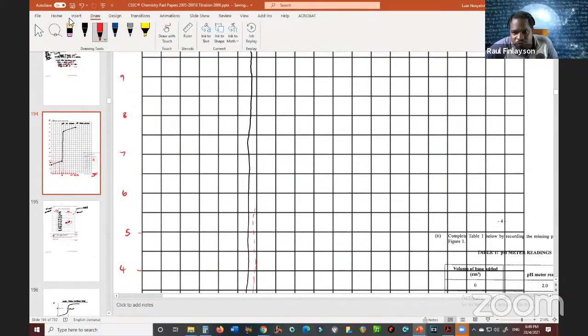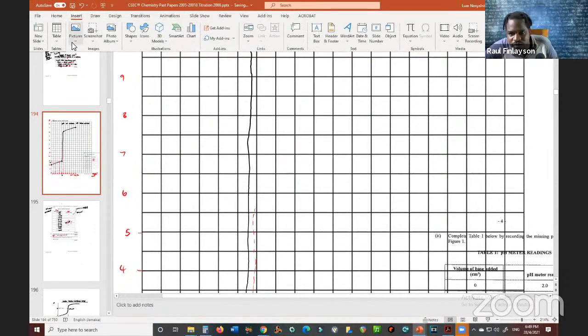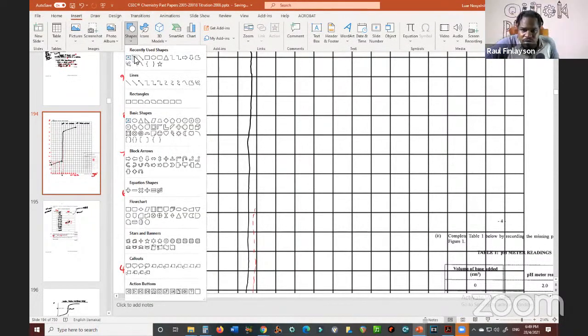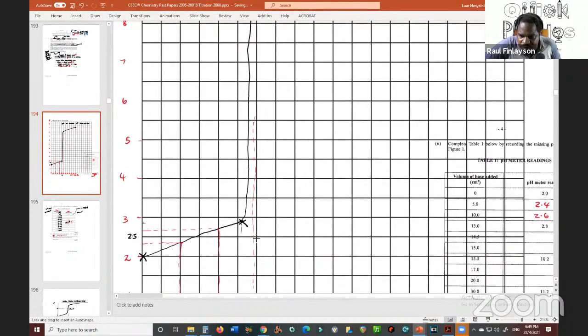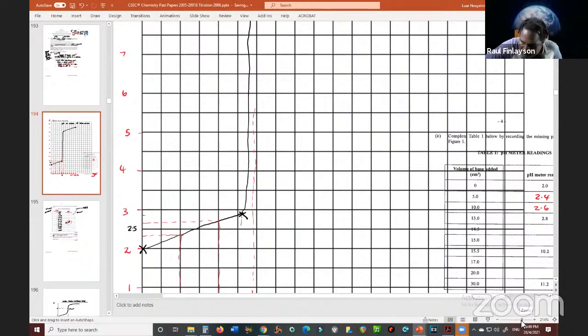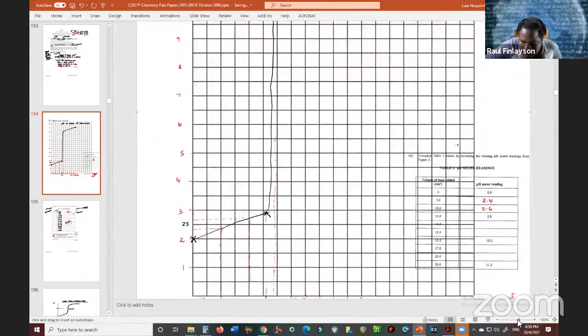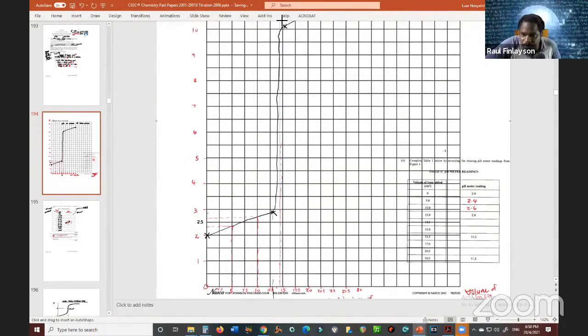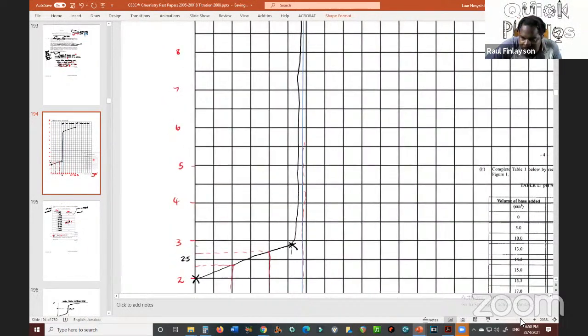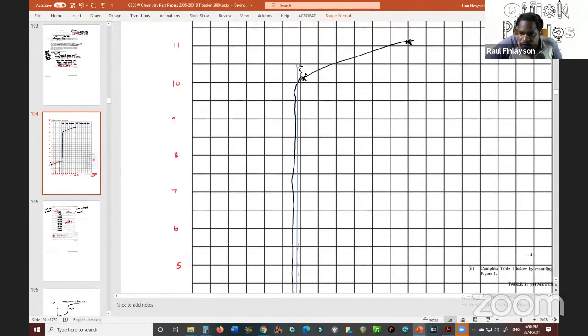I'll just get a line here. And that line will carry us from here. Let me just zoom out a bit. We have to use up the technology and line. So it would be along this line. It's about here. We zoom in now and see how it looks. Yep, right about there.